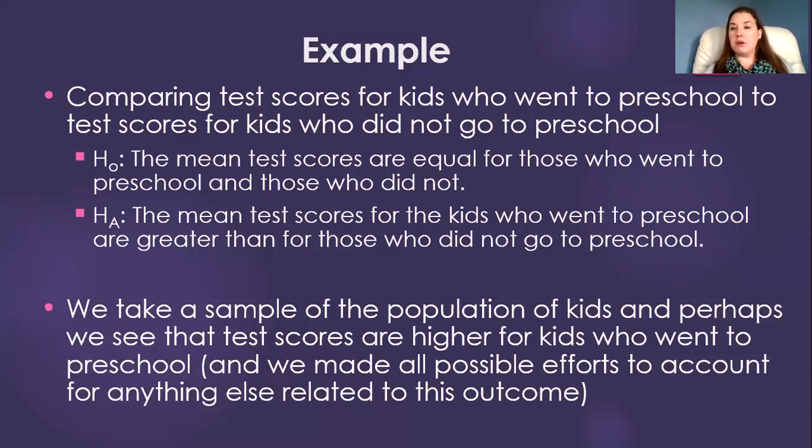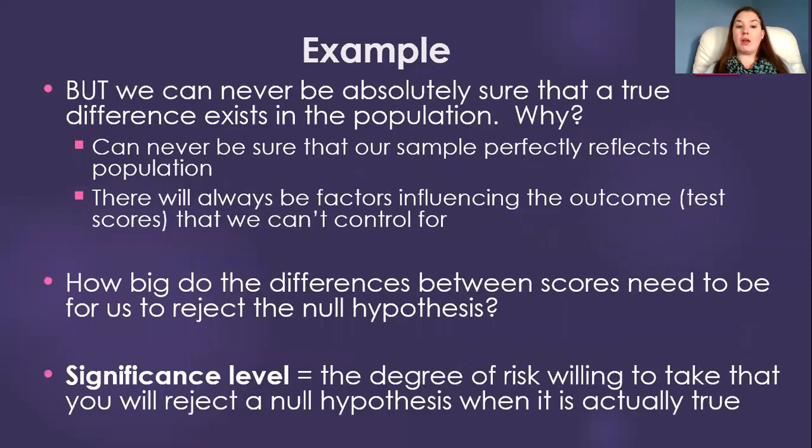They're the same percentage gender, the same percentage of different racial groups and socioeconomic status. They go to the same quality of school starting from K-12, and we want to see, controlling for all this other stuff that's the same, is there a difference just for going to preschool or not?